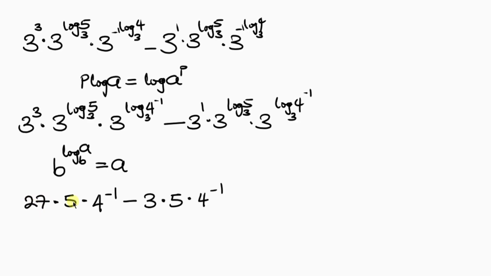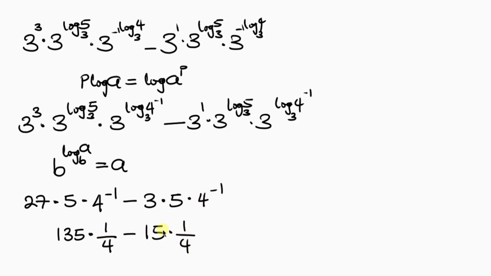Actually, 27 times 5 is 135 times 4 to the negative 1, which can be written as 1 over 4, minus 3 times 5 is 15 times 4 to the negative 1, which is 1 all over 4.